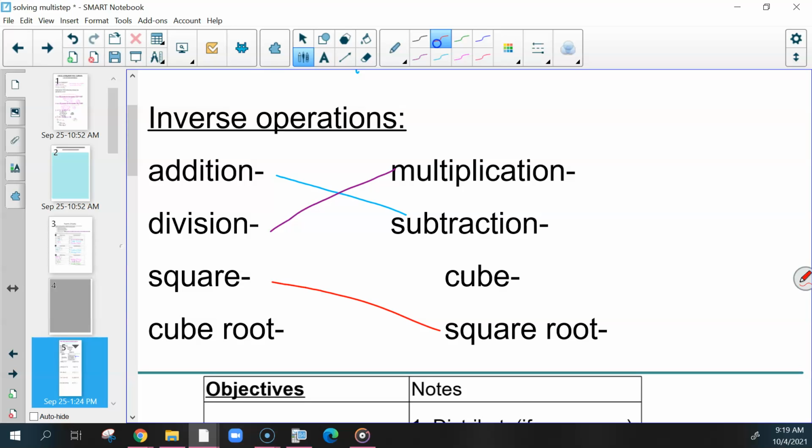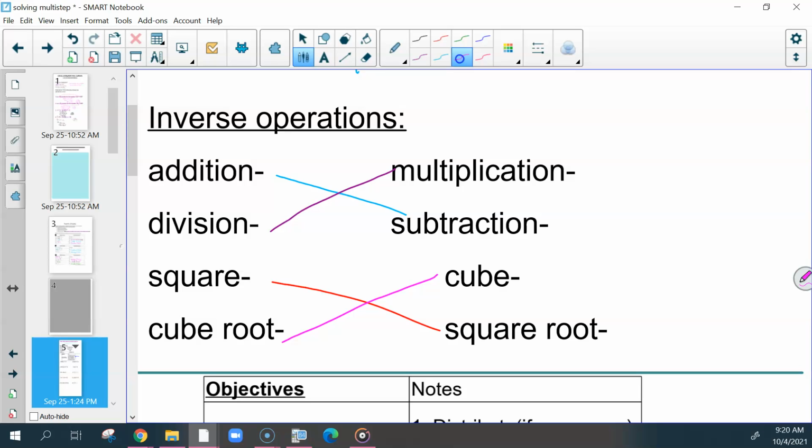So if I had 2 squared, that is what? 4. And if I take the square root of 4, what is that? They kind of undo each other. And then cube root and cube undo one another.